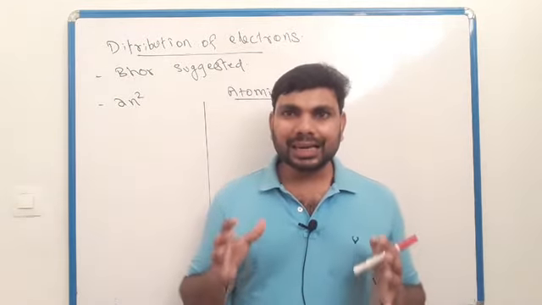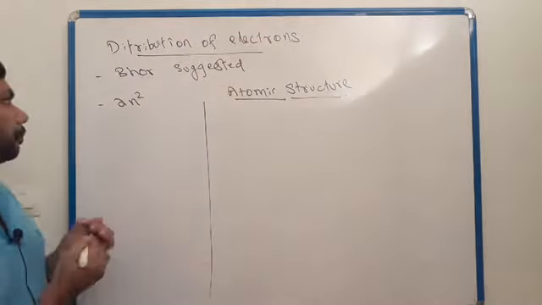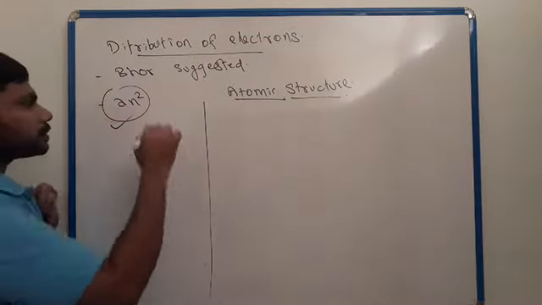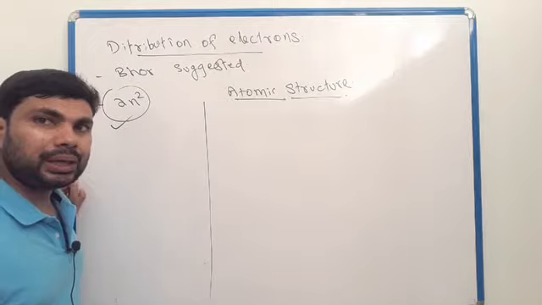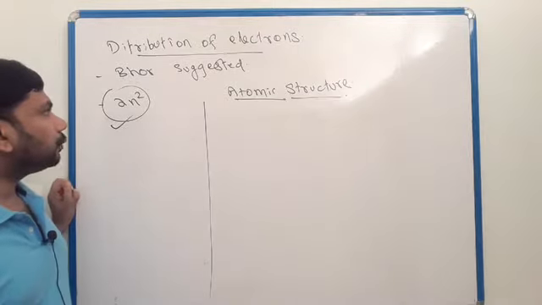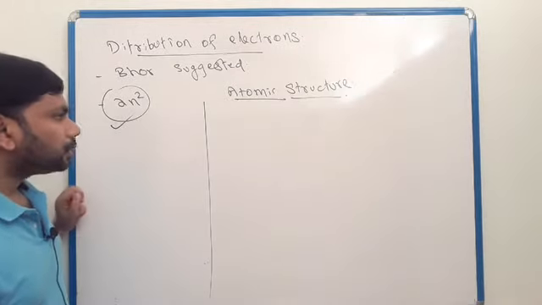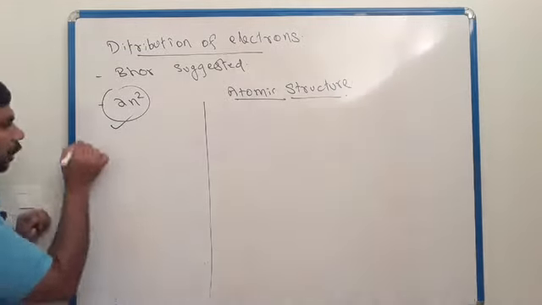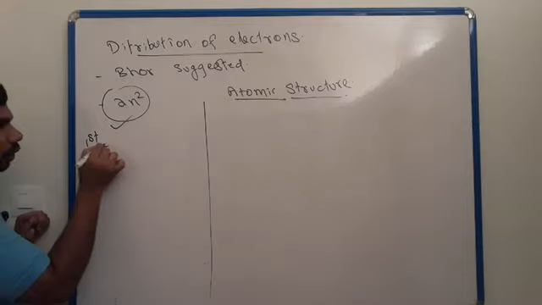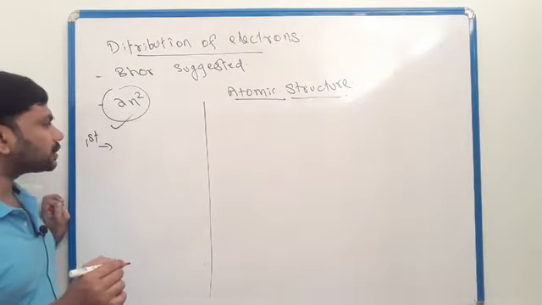To understand electronic distribution, we have to know the equation 2n square. Based on this equation, we can understand electronic distribution. You want to know how many electrons are in the first orbit?